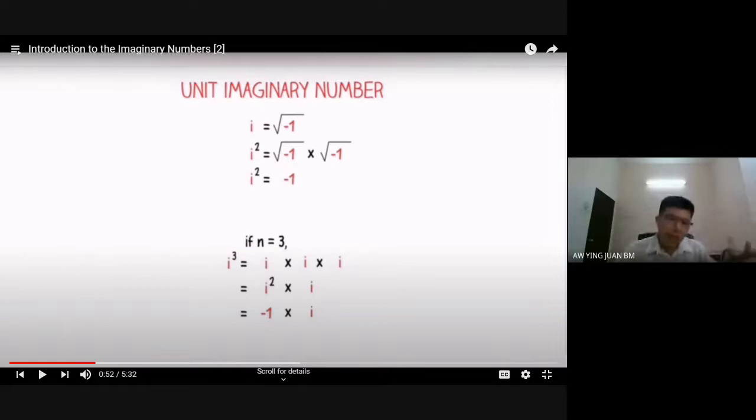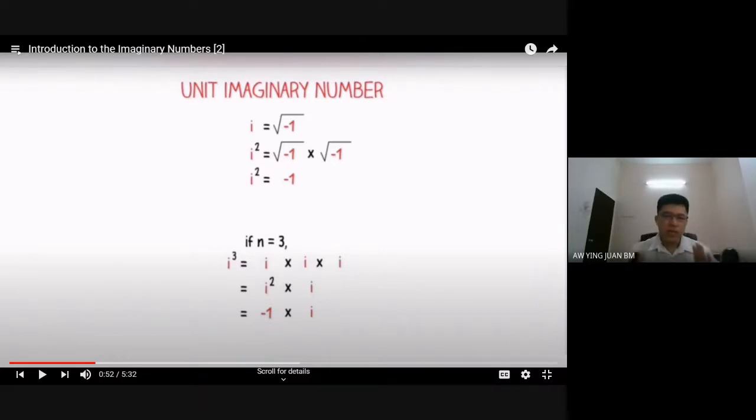In the first chapter, 1.1 and 1.3, which is the laws of indices, for i to the power of 3, we just do it as usual: i times i times i. For 4, i times i times i times i. The same goes for i to the power 5, i to the power 6 and so on. So if anyone is interested, you can go and try i to the power 3, i to the power 4, until you see a pattern. If you keep repeating, you will see a pattern.